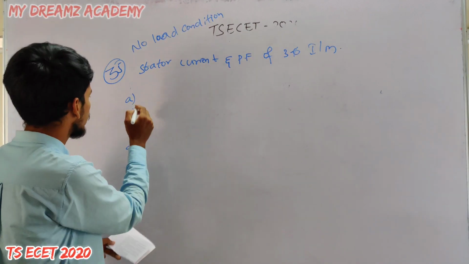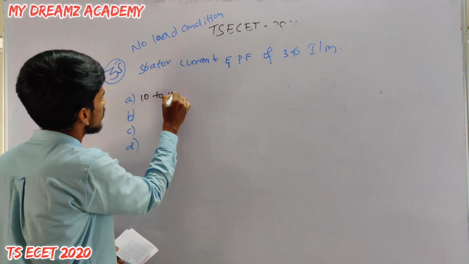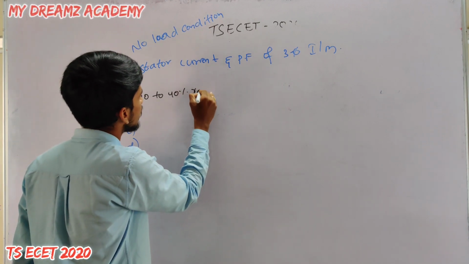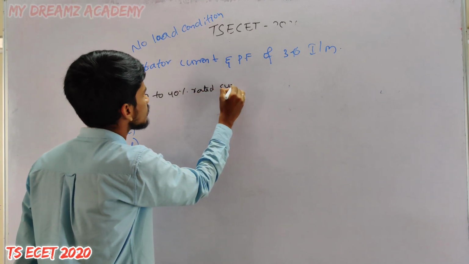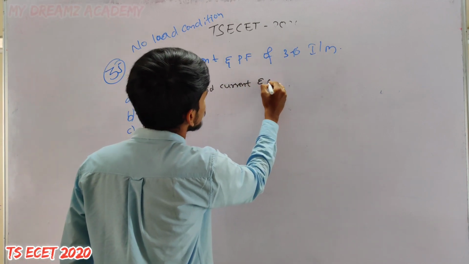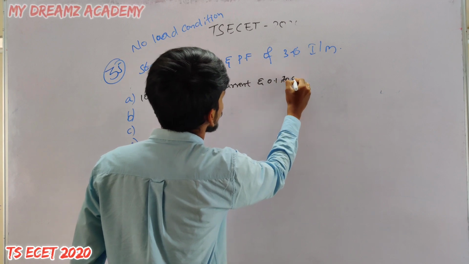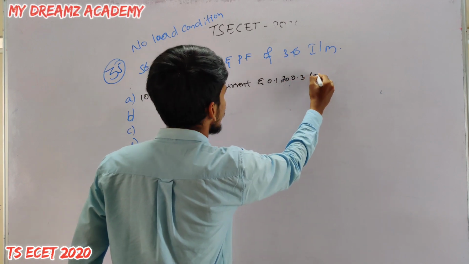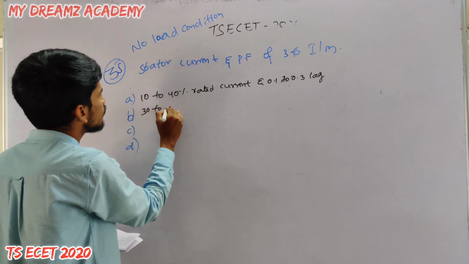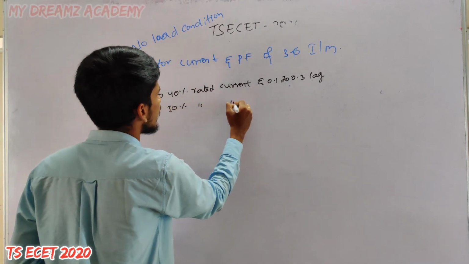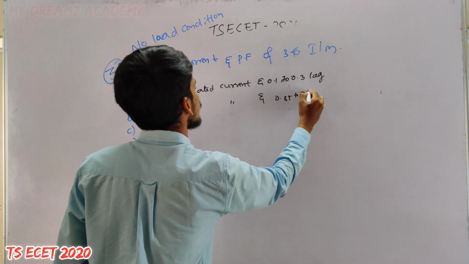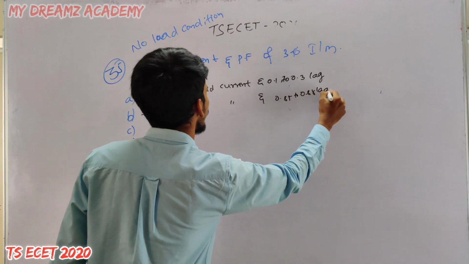Option A, 10 to 40% of rated current and 0.1 to 0.3 lag. Option B, 30 to 50% rated current and 0.85 to 0.88 lag.